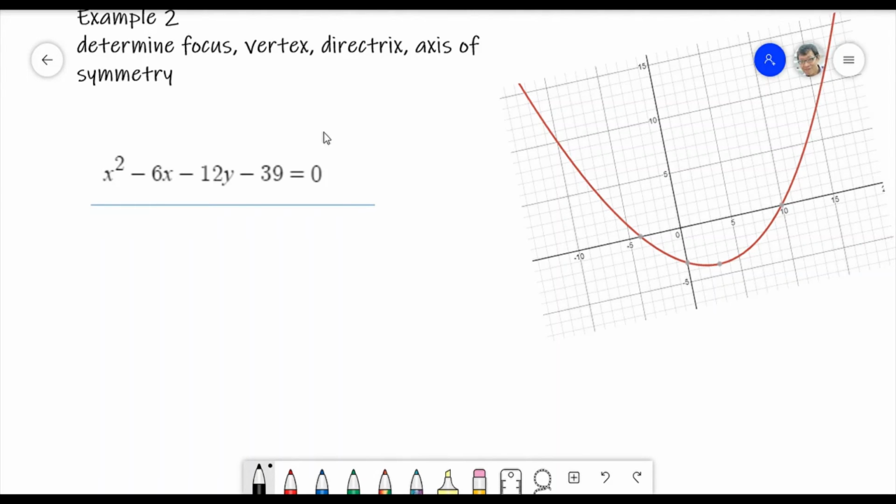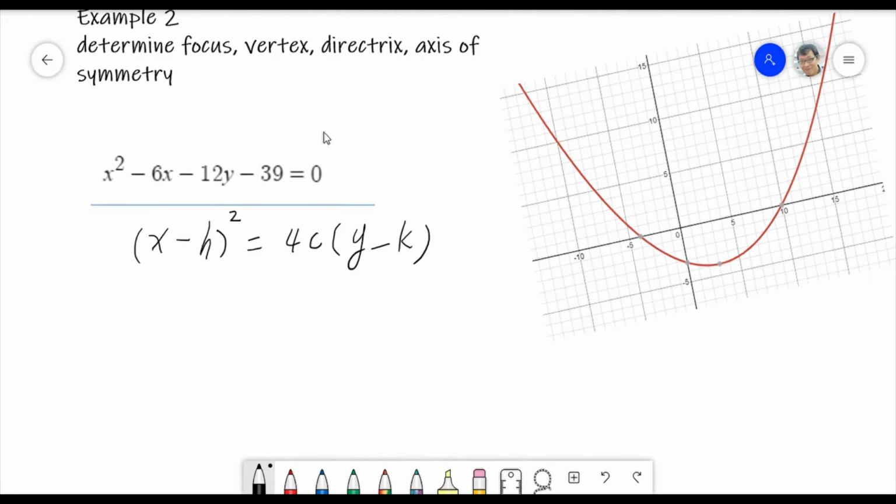Because it's x squared, we can normally write it as (x minus h) squared equals 4c times (y minus k).